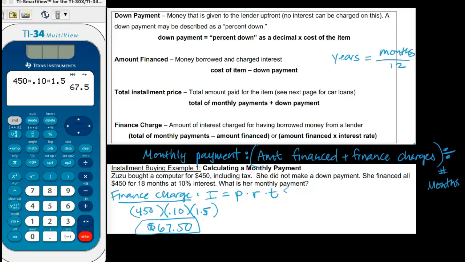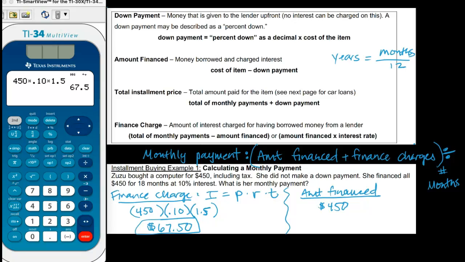The amount financed is the amount that she's borrowing, and that would be $450. This person needs to borrow $450, but they also need to pay back that $67.50 to the lender in exchange for them loaning the money.